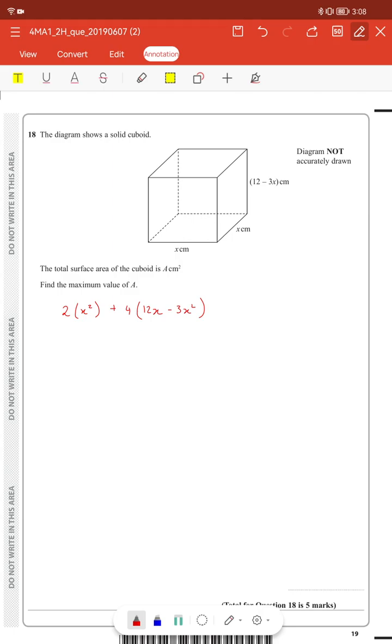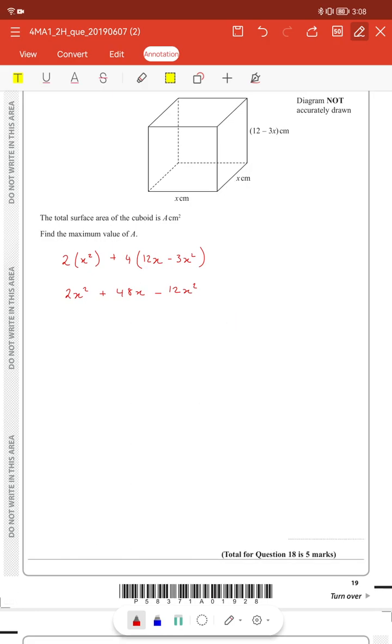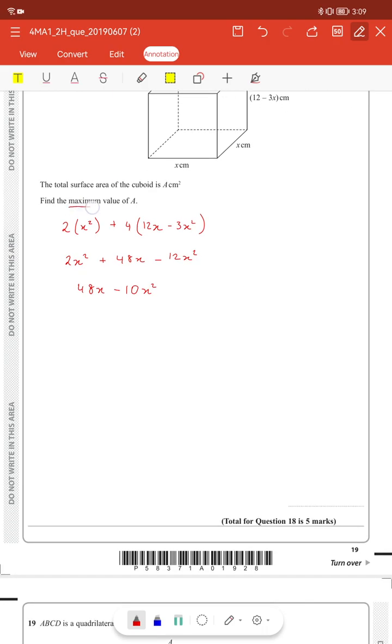Now, if I multiply this out, I am going to get 2x squared plus 48x minus 12x squared. If we simplify this, I'm going to get 48x minus 10x squared. And remember, to find the maximum value, I need to differentiate this. So I get 48 minus 20x and make it equal 0.